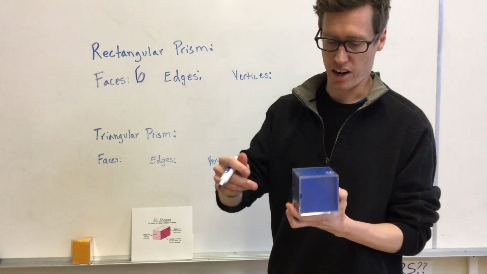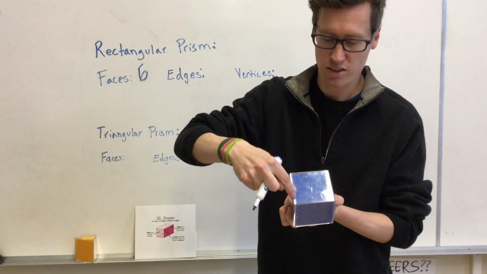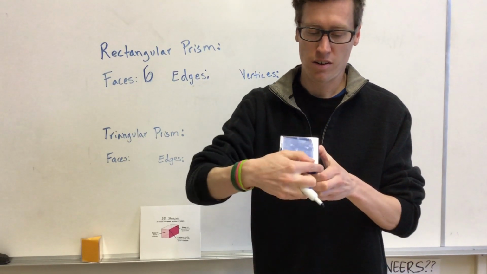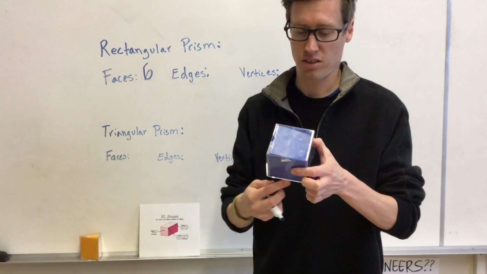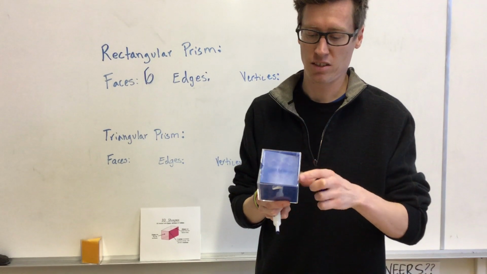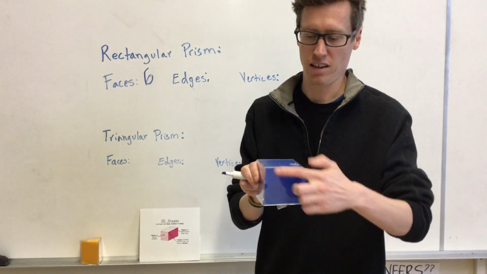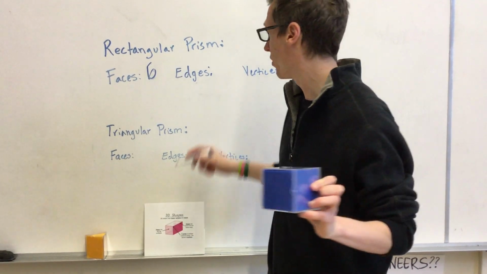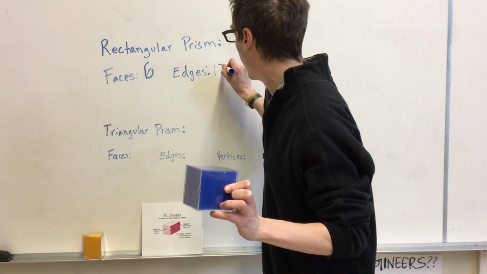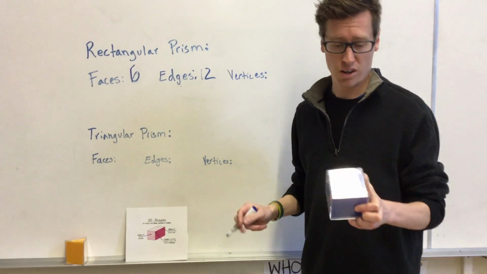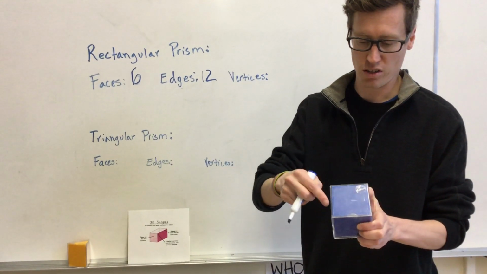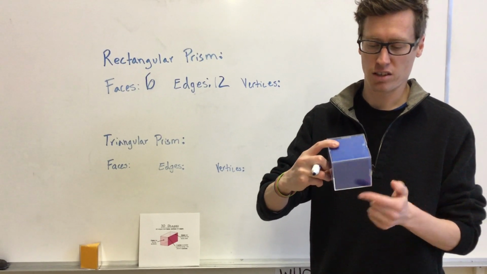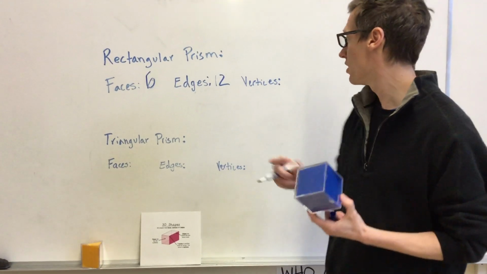And then our edges, we have 1, 2, 3, 4, 5, 6, 7, 8, and then 9, 10, 11, 12. And for our vertices, or our corners, we have 1, 2, 3, 4, 5, 6, 7, 8.